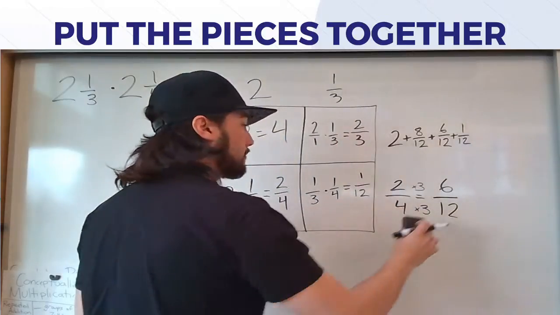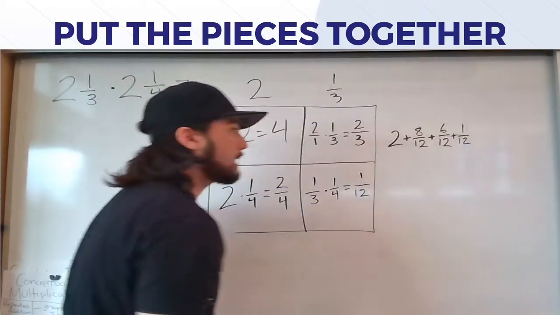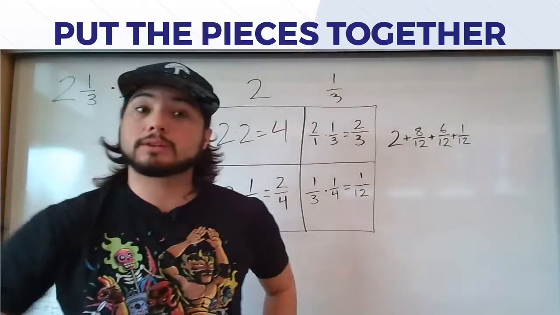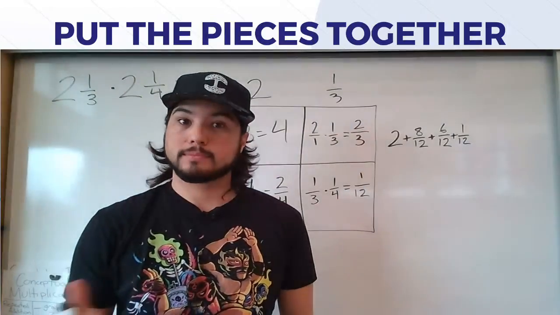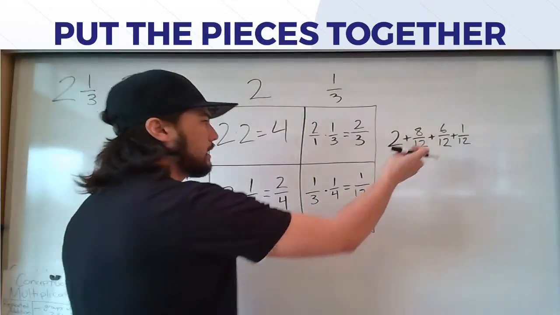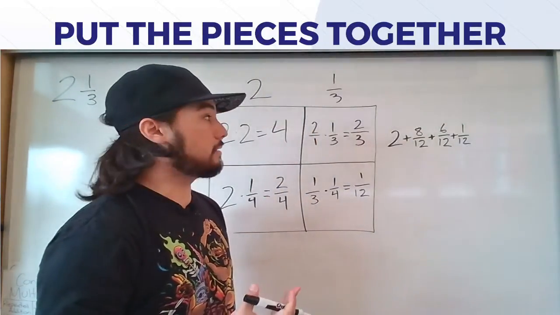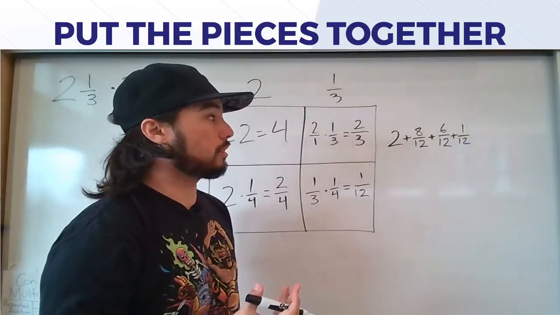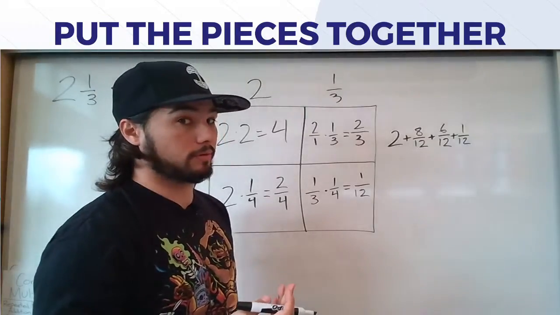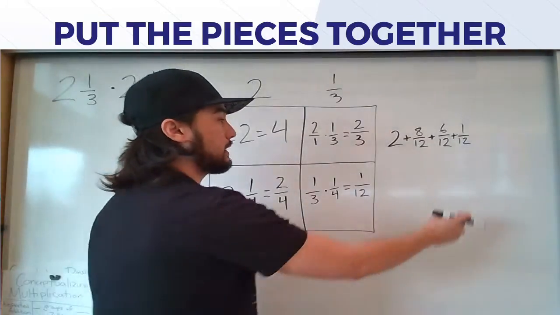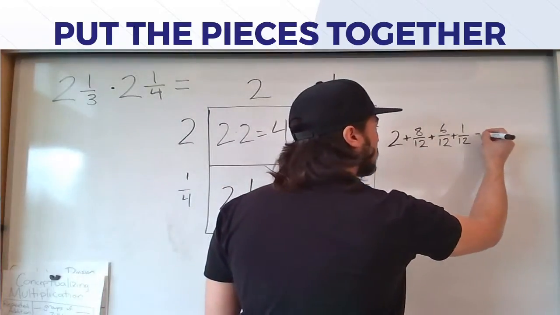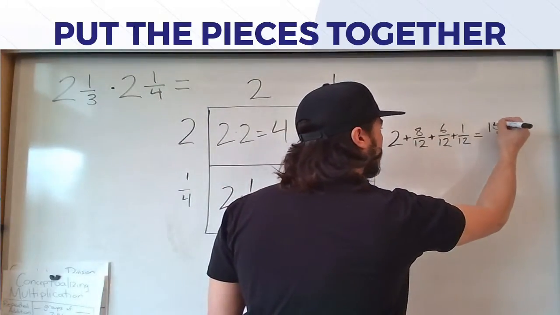So now we have 2 plus 8/12 plus 6/12 plus 1/12. Let's add up all of our twelfths. 8 plus 6, or 8 plus 2 plus 4, if you want to do it that way to make it 10, equals 14. 14 plus 1 equals 15/12.